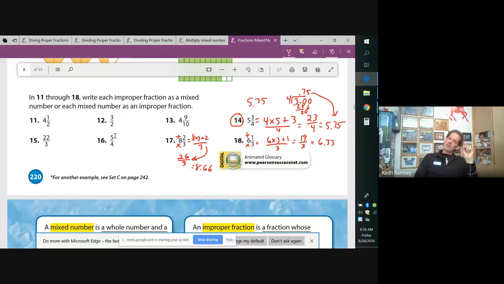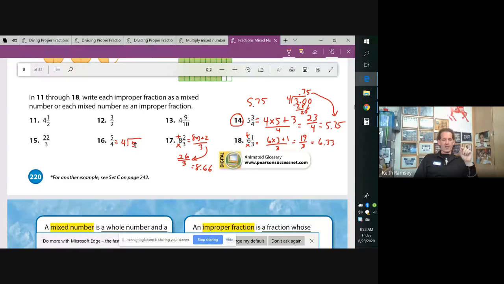Okay, what about when it's written as an improper fraction? How do I write that as a mixed number? Remember, this is a division problem. So your denominator becomes the divisor, that's the little number outside the box, and the numerator becomes the dividend, that's the number in the box.